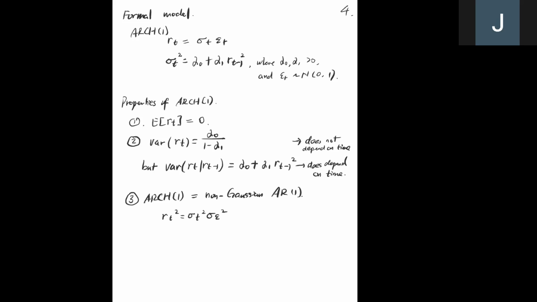I just take the power 2 on both sides of the ARCH(1) model, and let's write it this way. Then let's take the difference.